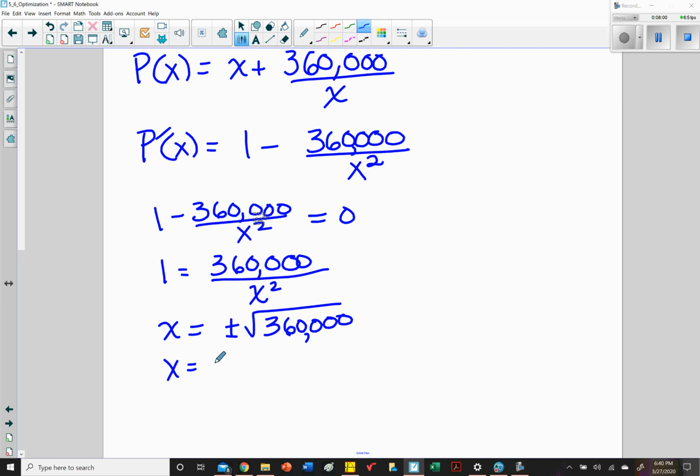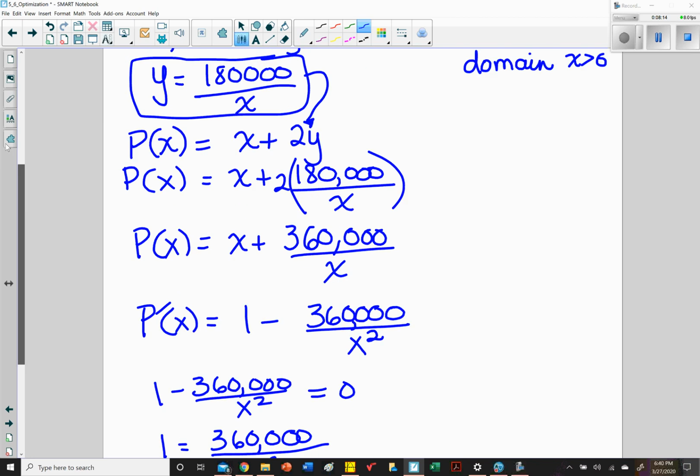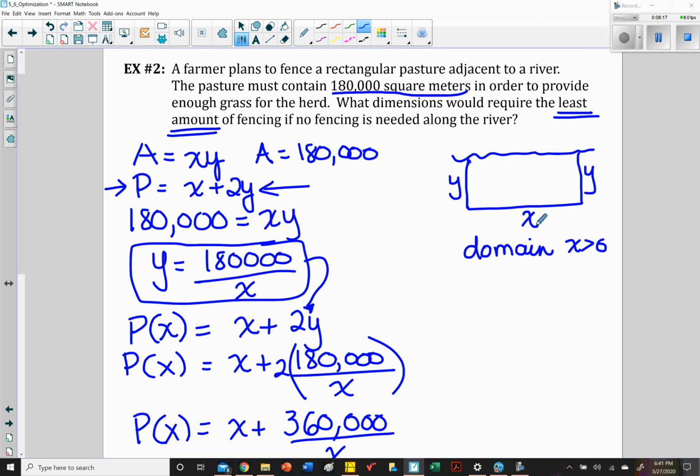Which is either positive or negative 600 meters, but we know it can't be negative because the domain has to be greater than 0. So here is the X dimension. This is going to be 600. And if we substitute in here, when X is 600, what's Y?